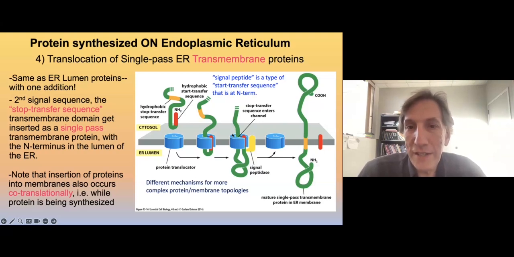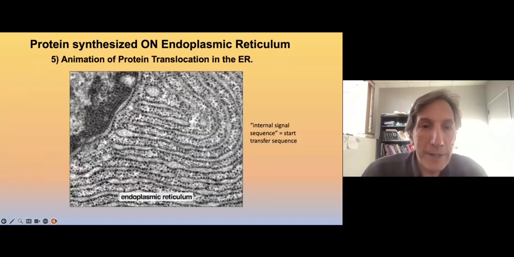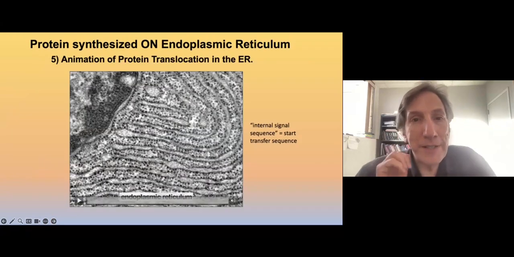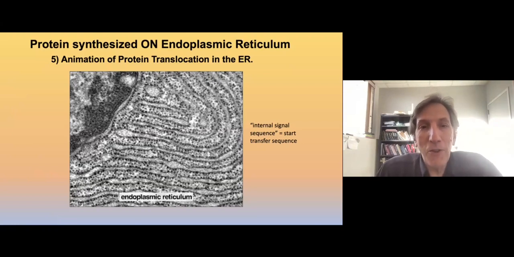So notice that you still translate the outside part. It's just that it's no longer being pushed through once the hydrophobic part has interacted with the membrane and the translocator. You can get more complex topologies, and I won't talk about those, but they're mostly involved with having additional start transfer sequences that are not signal peptides.